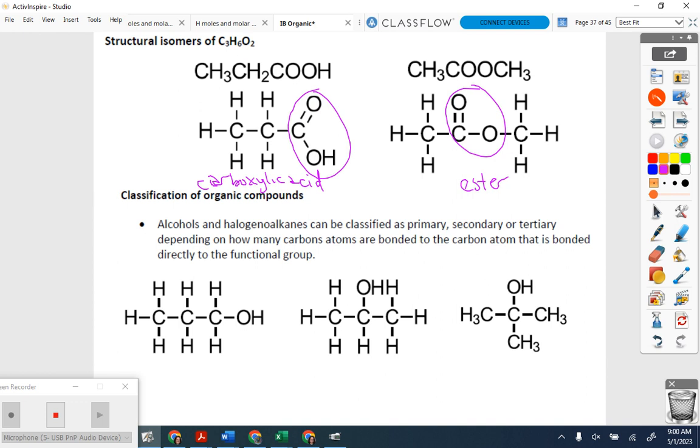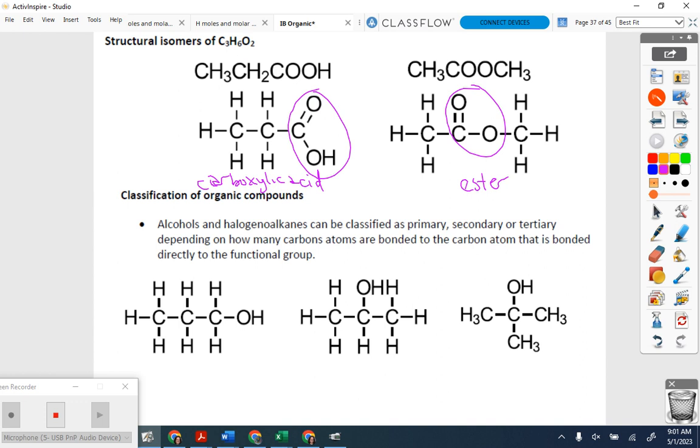Okay, so again, exactly the same molecular formula, two completely different classes of molecule with different properties. This is why we don't really use molecular formulas very much in organic chemistry, because they don't really give you that much information, unless all you're trying to do is calculate the molecular weight.